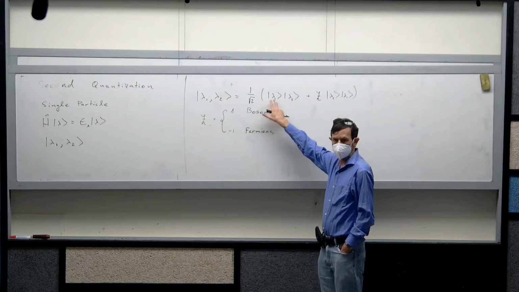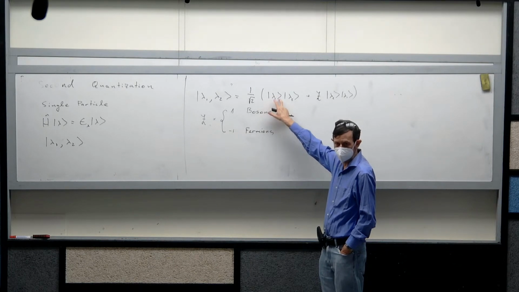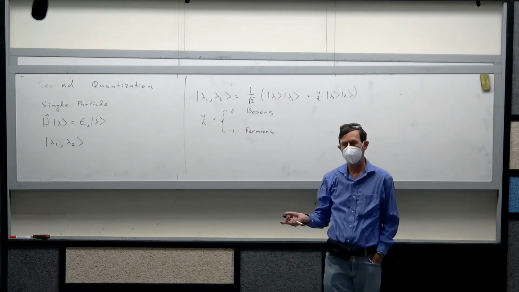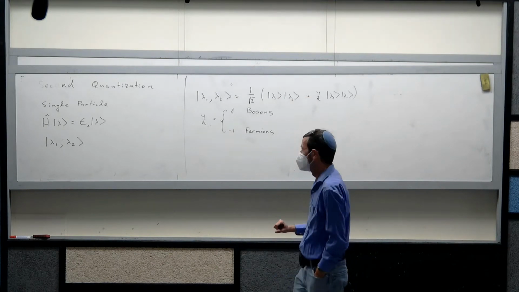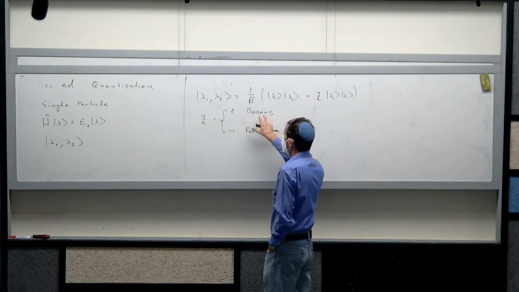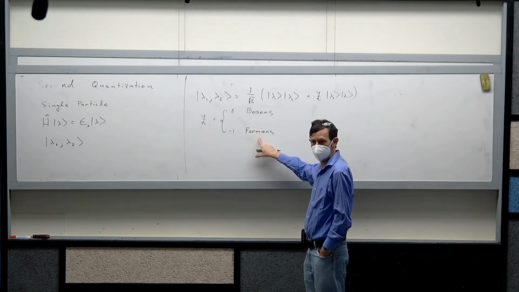Okay, so I give the same weight to the possibility that 1 is in state 1 and 2 is in state 2, to that 2 is in state 1 and 1 is in state 2. And actually, at this point, I also put in that fermions can't sit in the same state.